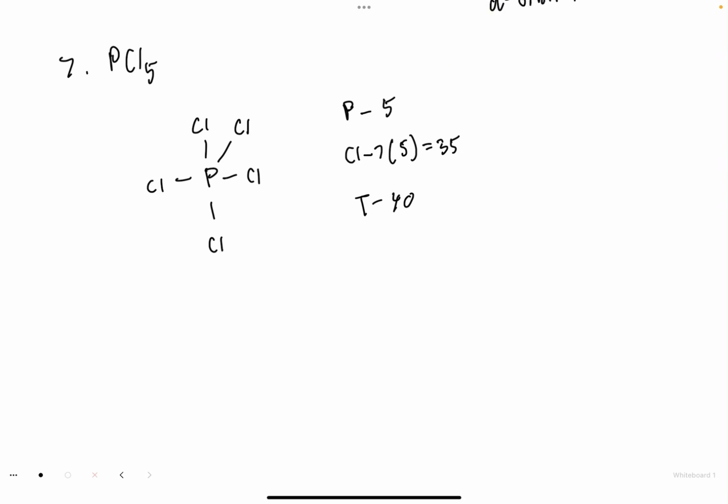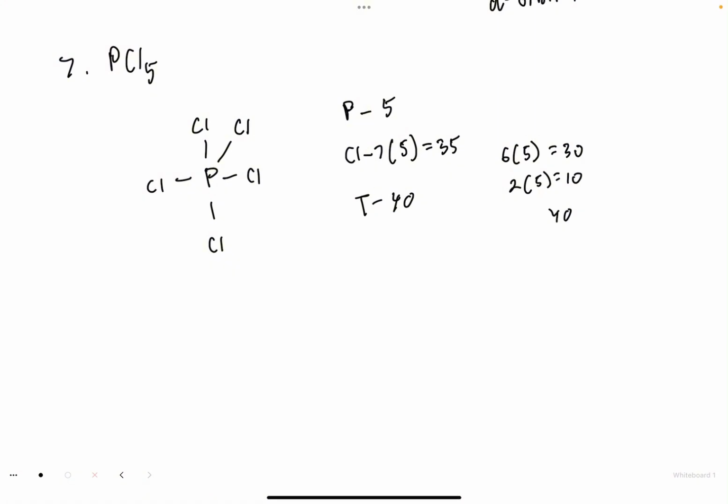So if I did my little shortcut, 6 times however many phosphorus I have, so that's 5. I have 30. And if I have 5 bonds, I have 10, that would be 40. And again, as we've stated, as long as you're in the third period or below, you're able to expand the octet.